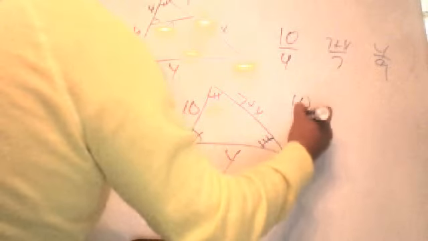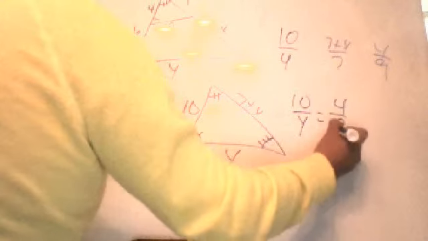You see that? So now they want you to find x and y. We can figure out what the scale factor is, or we can set any two ratios equal. So can I do 10 over y is equal to 4 over 9?